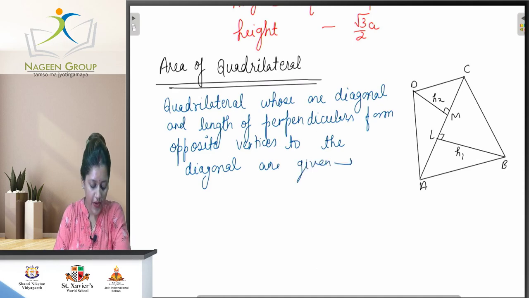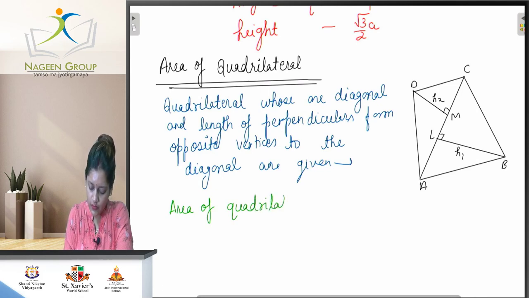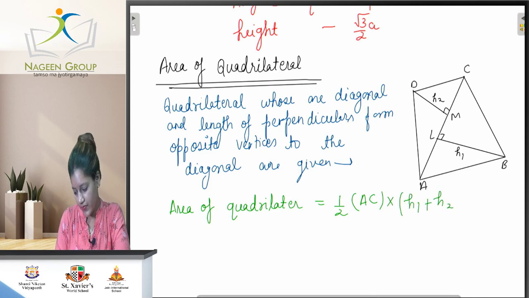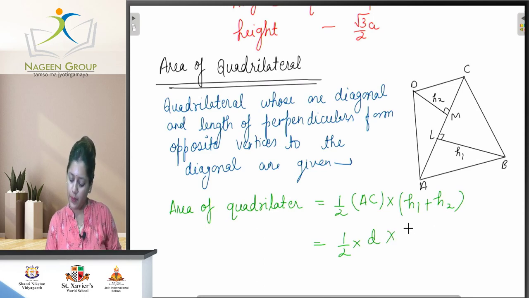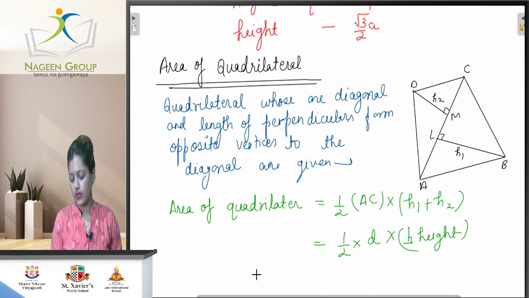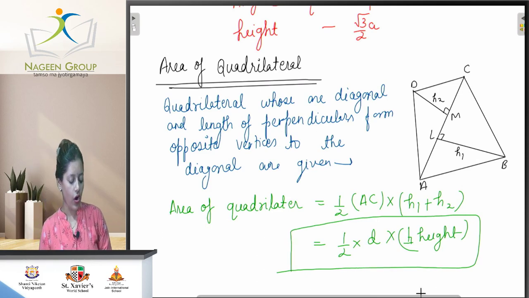So the formula for the area of a quadrilateral is equal to half AC, the diagonal, into H1 plus H2, that is, half d into the sum of the perpendicular heights. You got the formula? That is half d into the sum of heights.